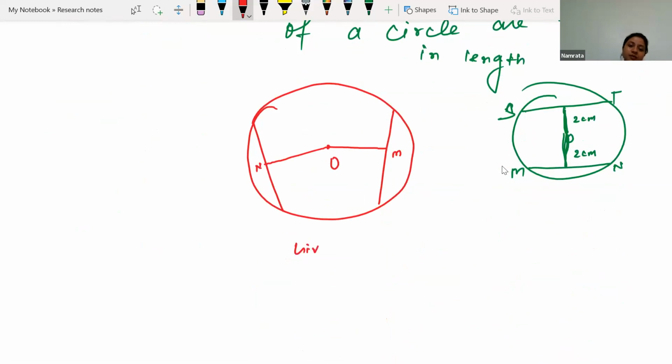Given that OM is equal to ON. Equidistant means the perpendicular distance. Again, I am saying that whenever you talk about a distance from a point to a line, you have to take the perpendicular distance only.